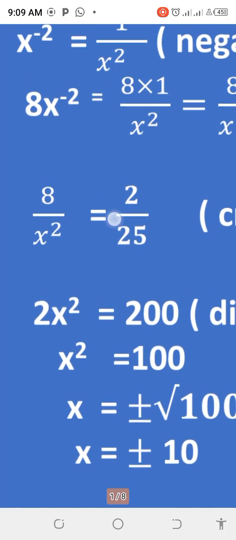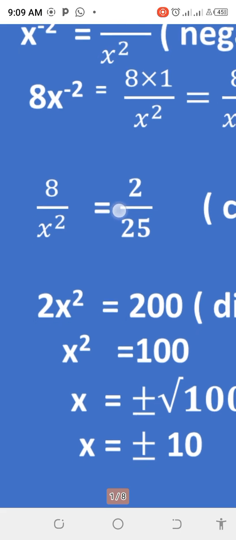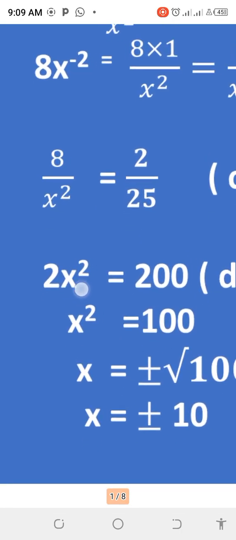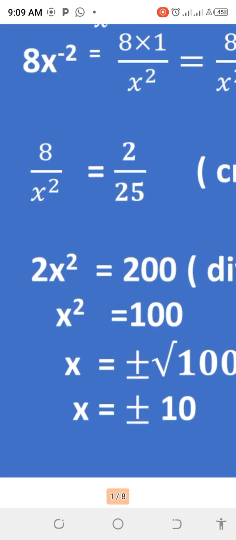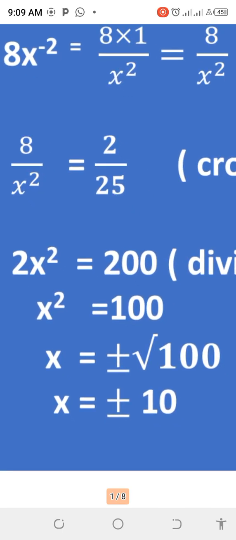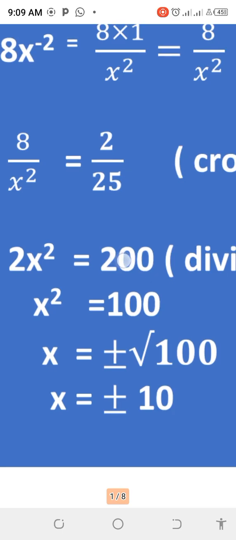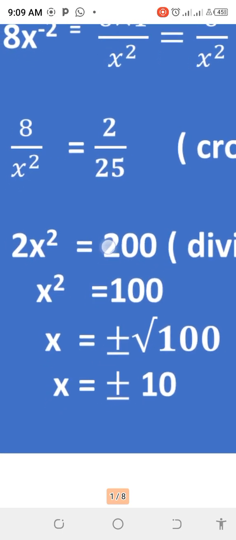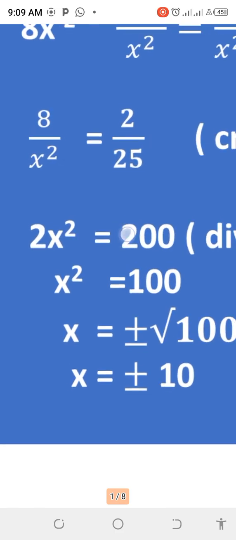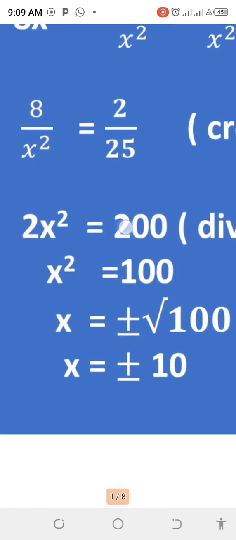So 2 times x raised to power 2 will give us 2x squared, and 8 times 25 will give us 200. So it now becomes 2x squared is equal to 200.